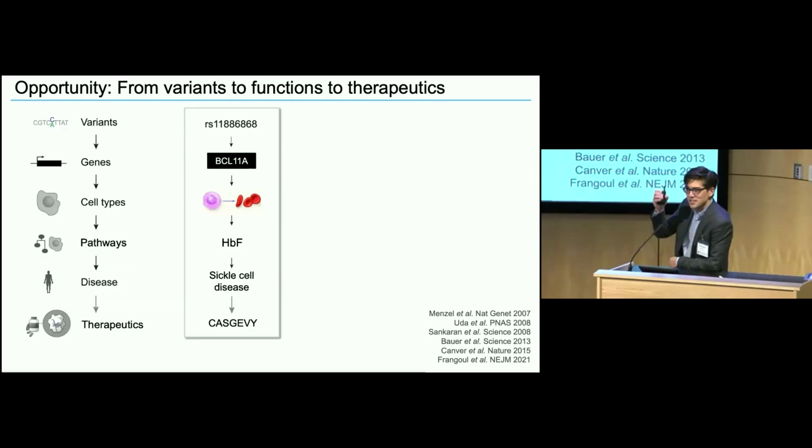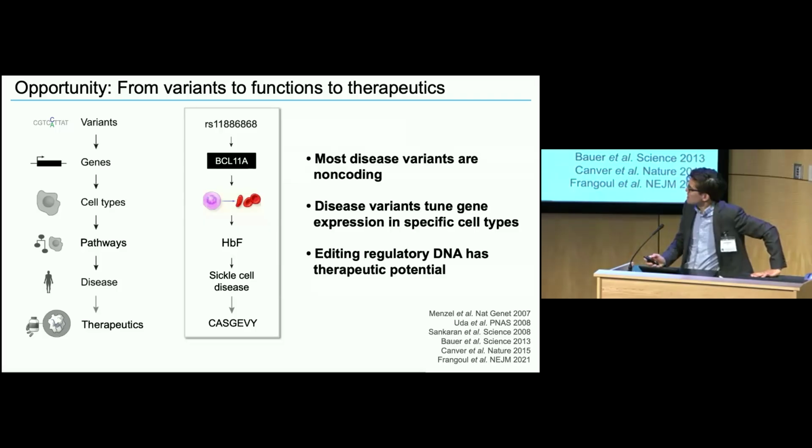And if you target CRISPR to cut at this enhancer, you can create a therapy for sickle cell disease. I wanted to share this example to illustrate three key points: most of these disease variants are non-coding, these disease variants tune gene expression in specific cell types, and this is proof of concept that editing regulatory DNA has therapeutic potential.